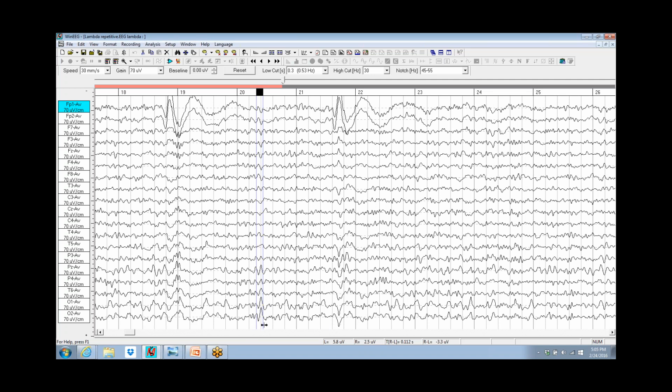Something became fixed on the retina. Every time you pop one of these lambda waves in the back of the head, it is a single visual event-related potential. So the EEG is full of responses like this to single images, but it's also full of ongoing rhythms. Typically, the individual responses aren't visually discernible because they're embedded in so much background rhythm.